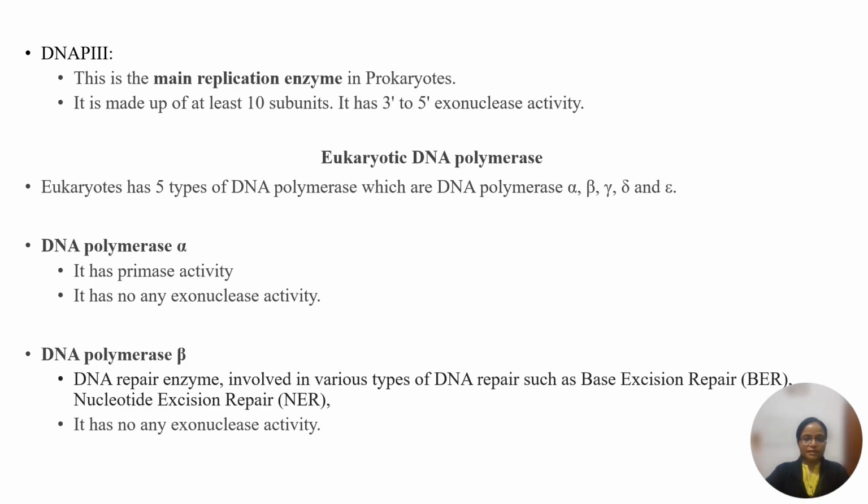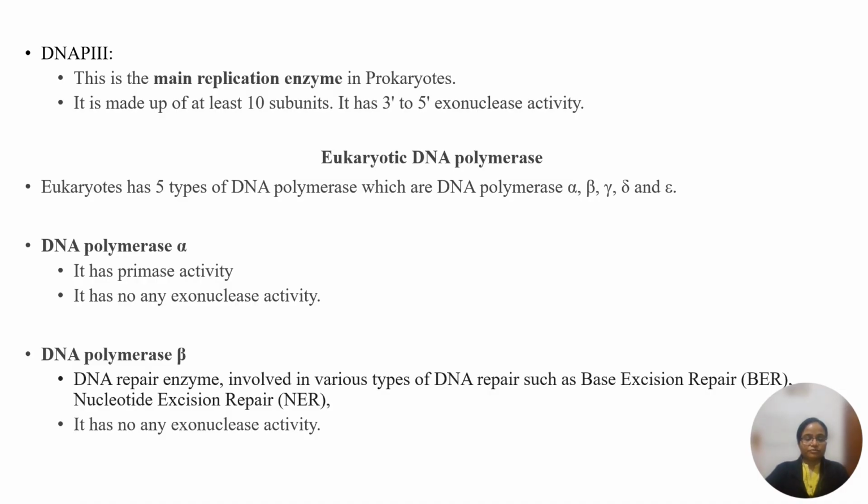Now, one of the main types of DNA polymerase, which is majorly involved in the synthesis of the new DNA strand, is the DNA polymerase 3. So this is the main replicative enzyme which is present in the prokaryotic cells. It is quite large. It's a large complex made up of at least 10 different subunits.